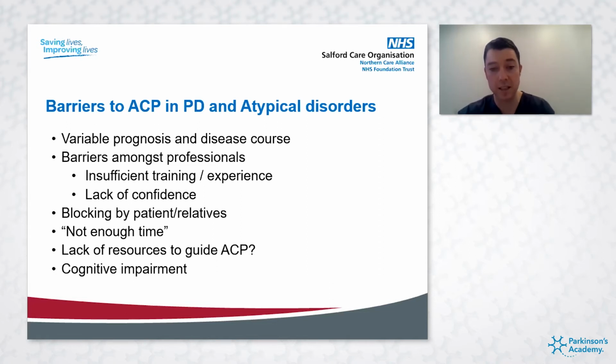There are patient factors, so they may not want to have those discussions. There's the time-old issue in the NHS of not having enough time in busy clinics. And then some people felt that there wasn't specific resource to guide exactly what we should be discussing as part of advanced care planning in Parkinson's disease. There was also the issue raised around cognitive impairment in patients with Parkinson's and the potential impact of that.